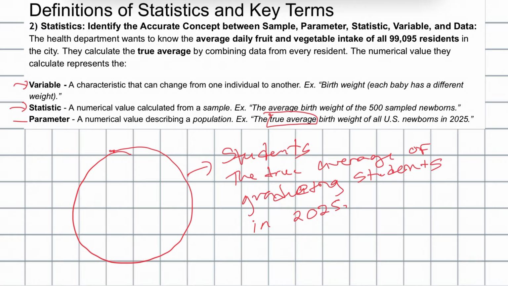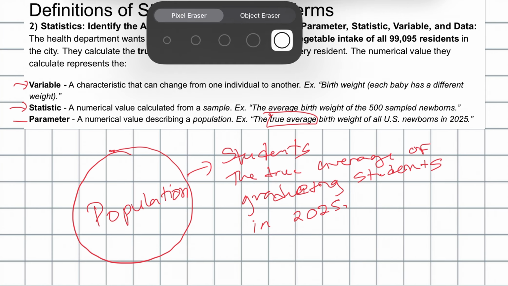Okay, so that's another way of seeing it, but it's describing the population. And one trick to identify parameters is that it usually describes the average as a true average after the analysis has been completed.